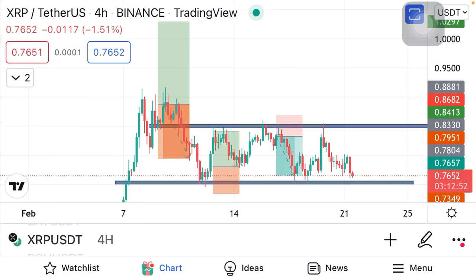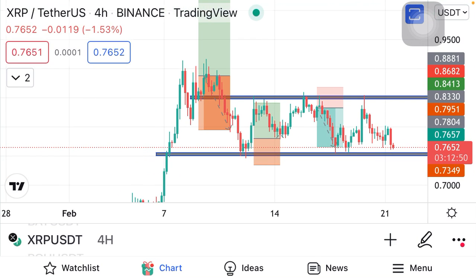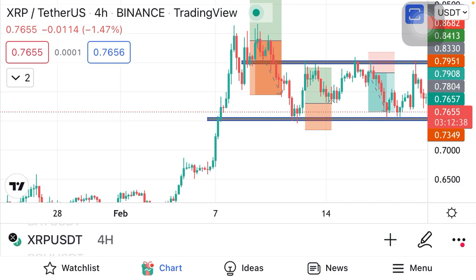So you see where the whole thing is. Sometimes your prediction might be right, but the market might not favor you. You wouldn't know, oh, at this time it is consolidating. So you have to be very careful of how you are entering your trade.